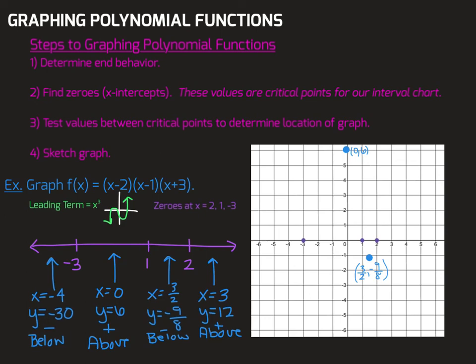So, connecting the dots, I know, for example, that I would need to connect from -3 all the way over to 1. I need to connect from 1 all the way through to 2. And then I need to increase very rapidly from 2 up. Now, you want to be sure that you aren't actually crossing x = 3.